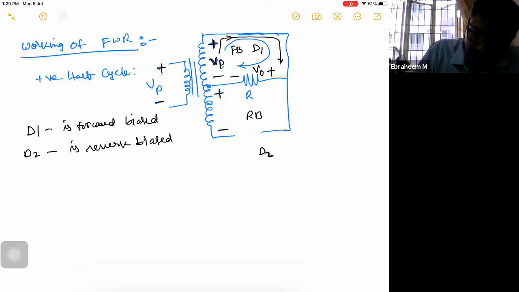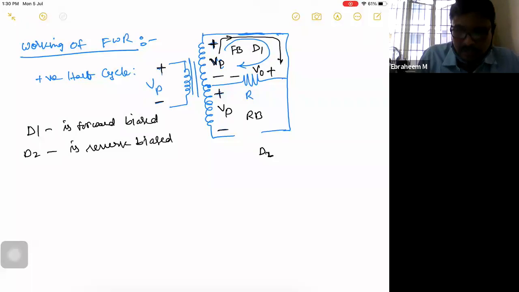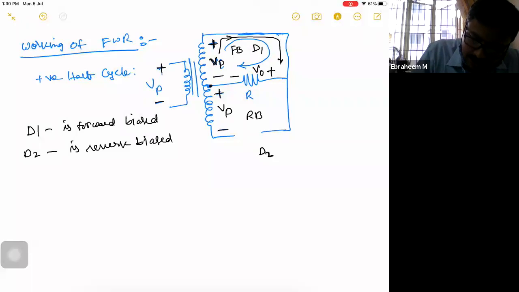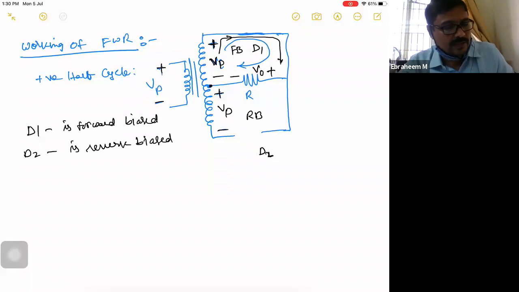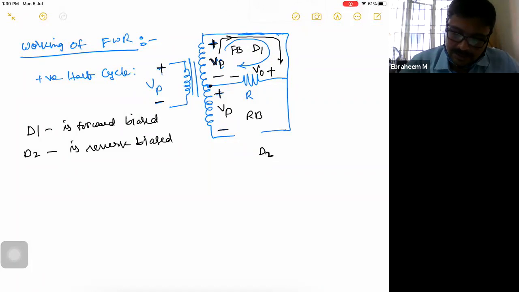So here also you will have VP, half above, half below. The resistor is connected exactly at the center turn of the secondary winding. For example, if the secondary winding has 100 turns, the resistor is connected at exactly the 50th turn.